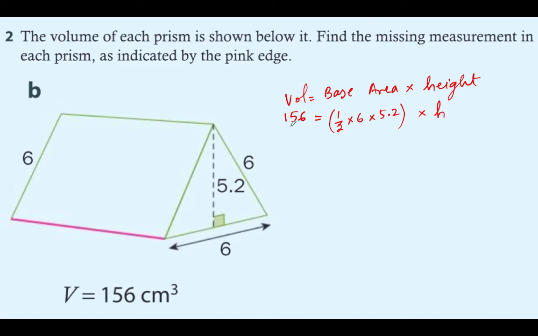We will use h for it. So when you simplify this, 3 times 5.2 is 15.6 times height, and when you divide both sides by 15.6 you get 10 and the unit is centimeter.